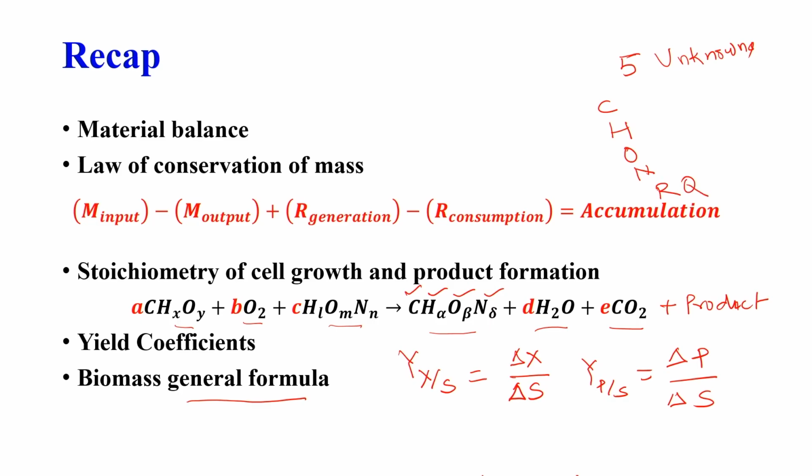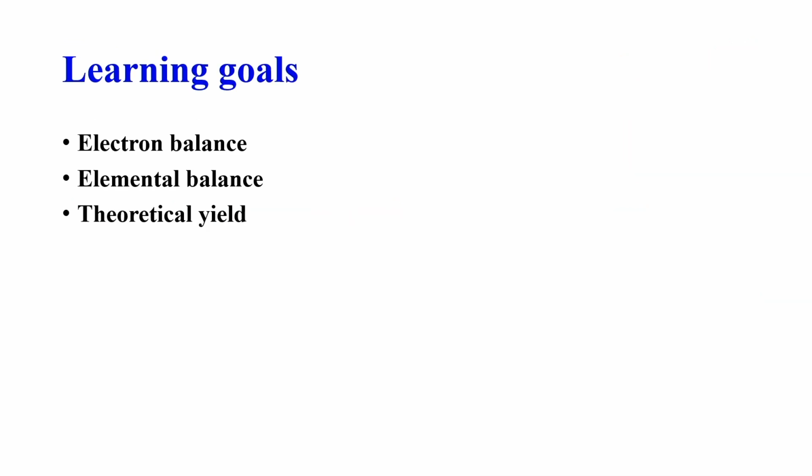Now, what we discussed further is that measuring the amount of change in the water molecule is not very significant, because most of the time in bioprocess we deal with an aqueous environment. The synthesis of water molecule is difficult to measure precisely. So, we require another equation to find these unknowns. For this, one option is to go for the electron balance.